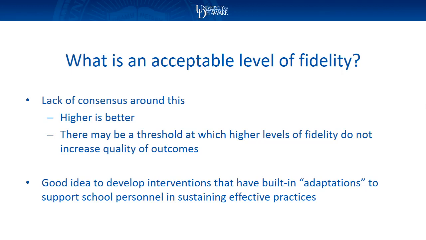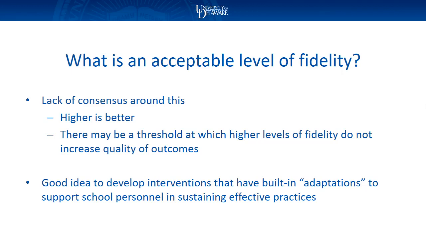So in other words, there may be a point at which there are diminishing returns. This probably varies due to the complexity of the intervention, the frequency in which it's occurring, so many different factors. And since we know that we're all human, and every interventionist is going to make some subtle changes to the intervention, more and more researchers are suggesting that it's a good idea to develop interventions that actually have built-in adaptations to support school personnel in sustaining the effective practice.